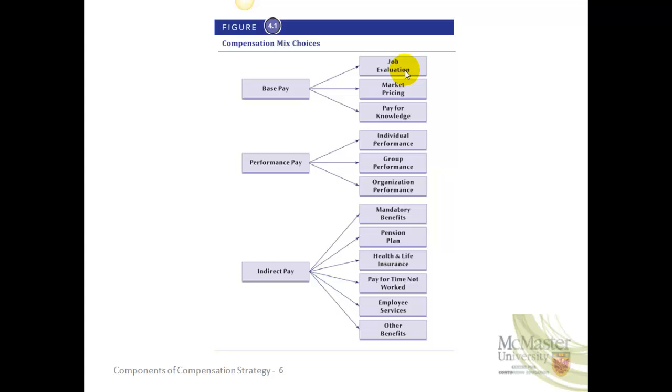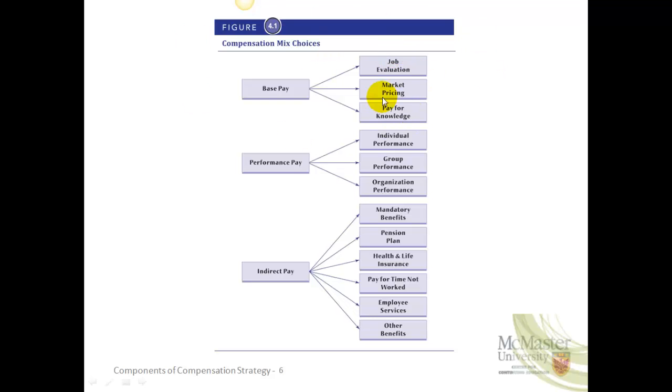And pay equity, as many of you may have studied in your human resources management course, is something whereby employers have to make sure that female-dominated job classifications, where they're thought to be equal in terms of skill, effort, responsibility, and working conditions to those as male-dominated jobs, are paid fairly. So we need to make sure that we have a system through job evaluation that identifies those jobs that need to be paid equitably to those of male-dominated job classes.